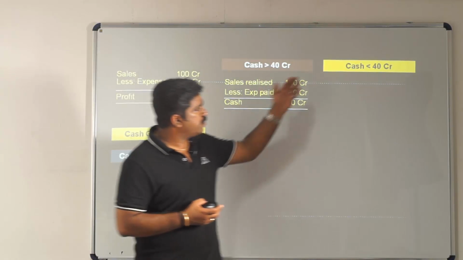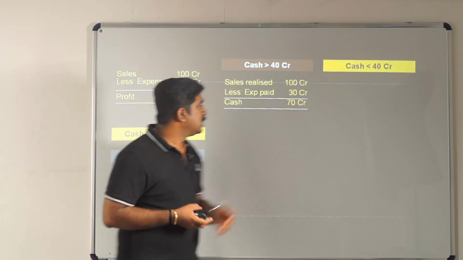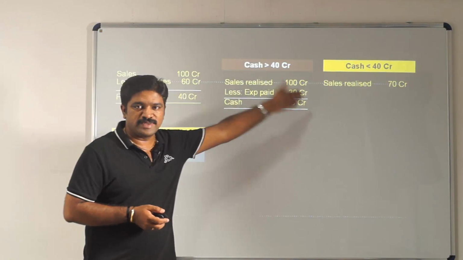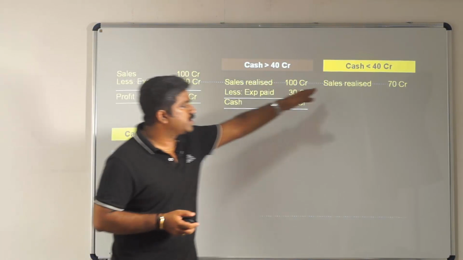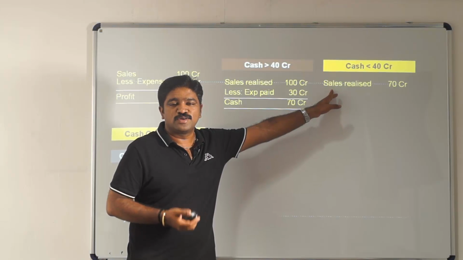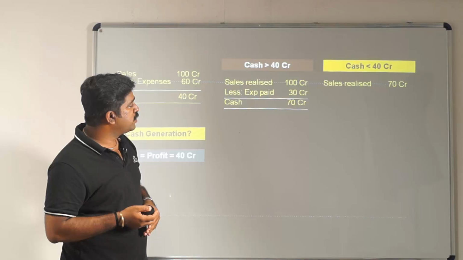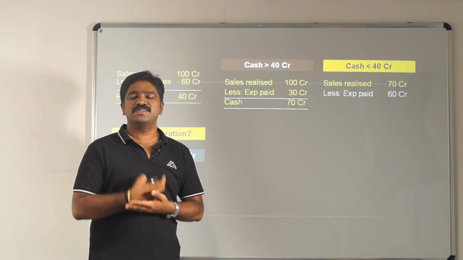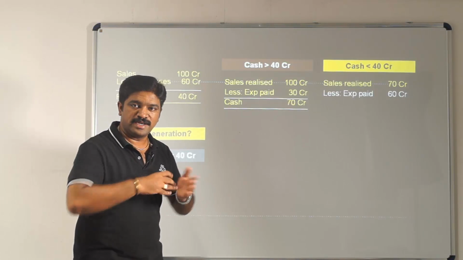We can also have a scenario where the cash generated is less than profit. How? Let's say the sales realized is only 70 crore. What are the sales you have made? 100 crore. What is realized? Only 70 crore. So you are yet to realize 30 crore. But what is the payment you have made? Expenses paid are 60 crore. What is realized is only 70 crore, and what you have paid is the entire 60 crore.